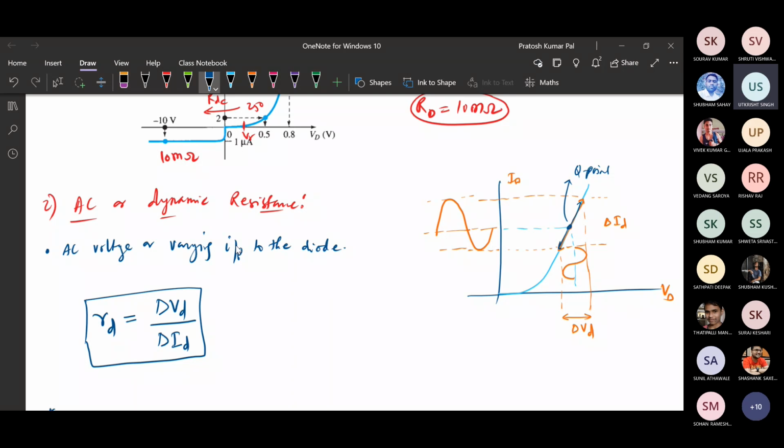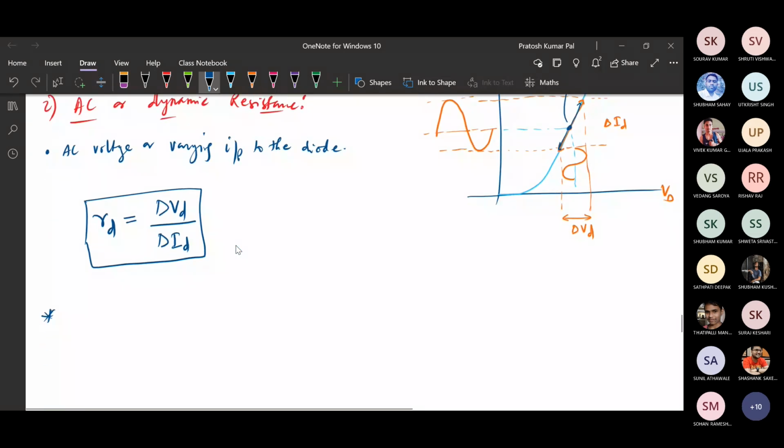Okay, with respect to this Q point only, along this diode characteristic, the input will be varying, because we are applying a varying input signal. So if we are going to operate at a lower Q point, that means there will be a lower variation in the voltage and the current.